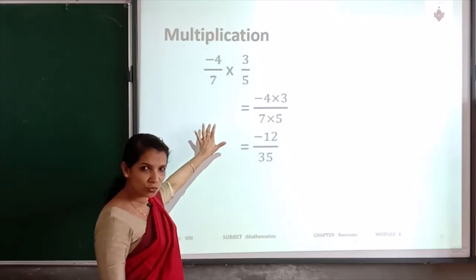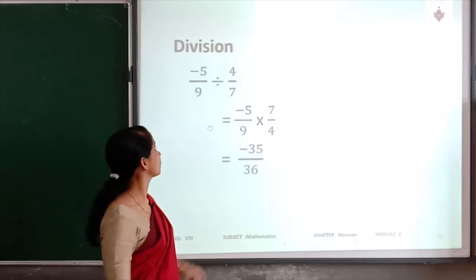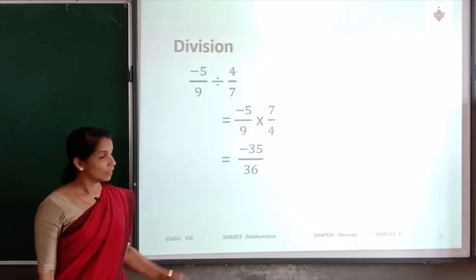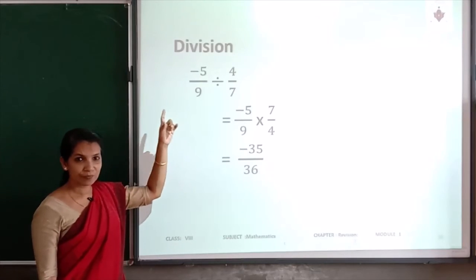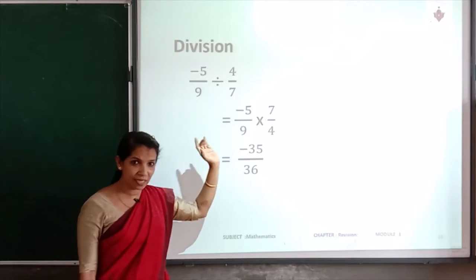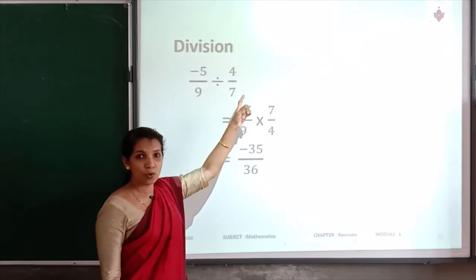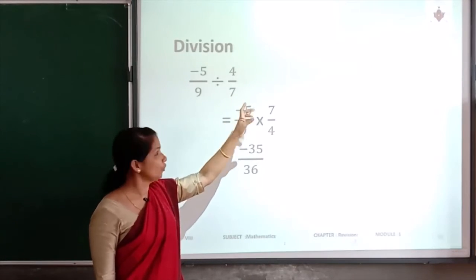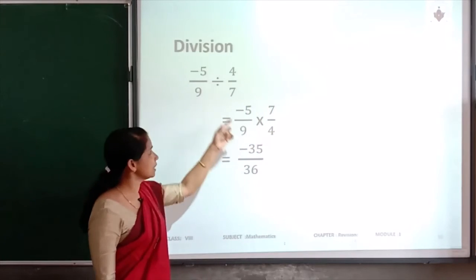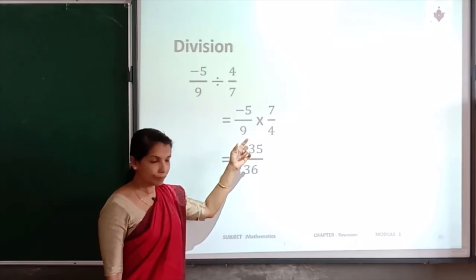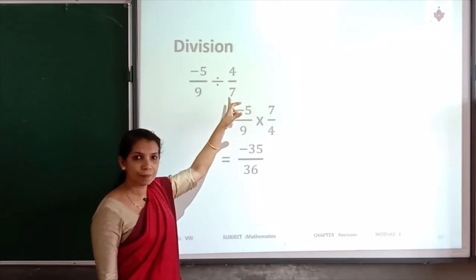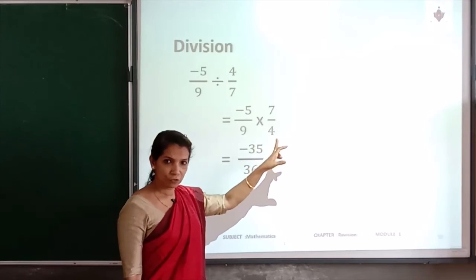Next move on to the division. How to do the division of rational numbers? Negative 5 by 9 divided by 4 by 7. We have to take the reciprocal or multiplicative inverse of the second rational number. So first rational number minus 5 by 9 multiplied with what is the reciprocal of 4 by 7? 7 by 4.